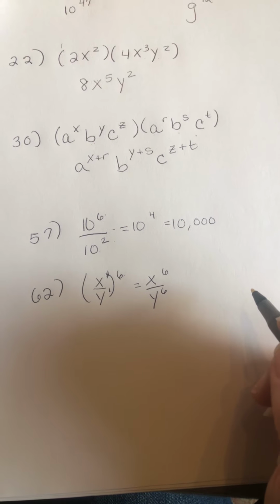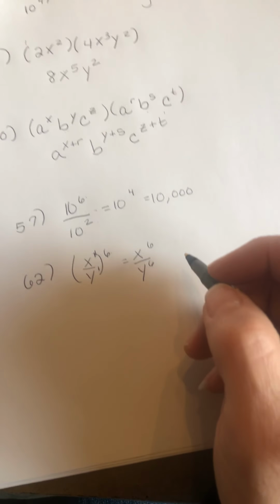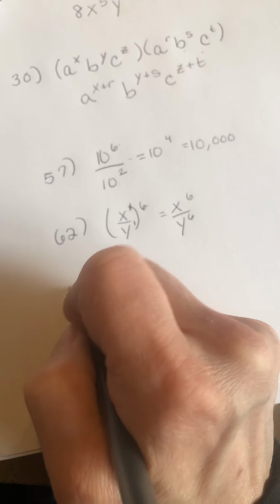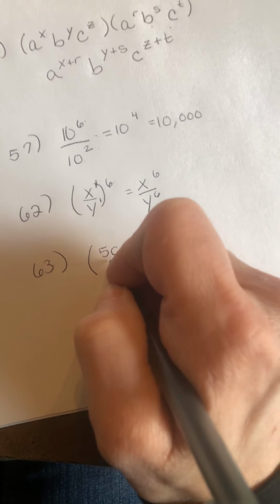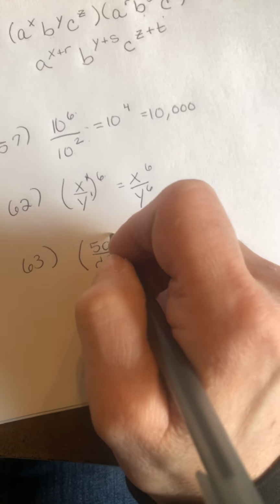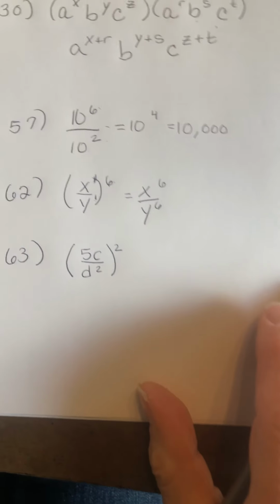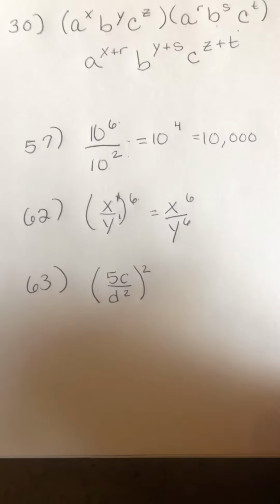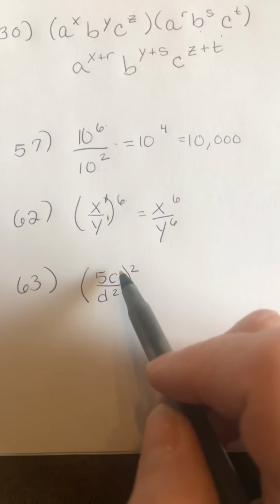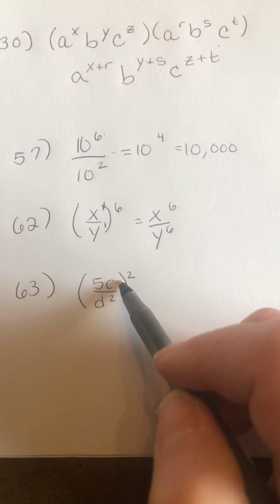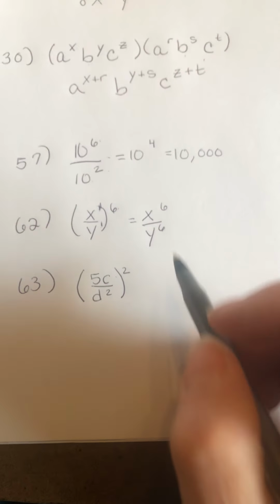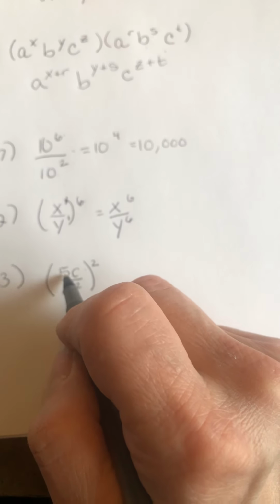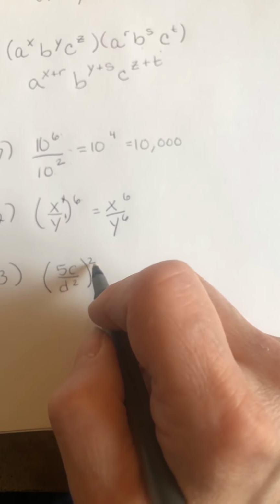Let's try number 63. We have the quantity of 5c divided by d squared, raised to the 2nd power. So we have a quotient raised to a power here. What we're going to do is raise each of these terms to the power of 2.